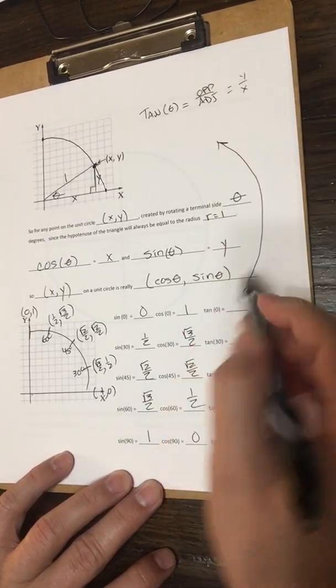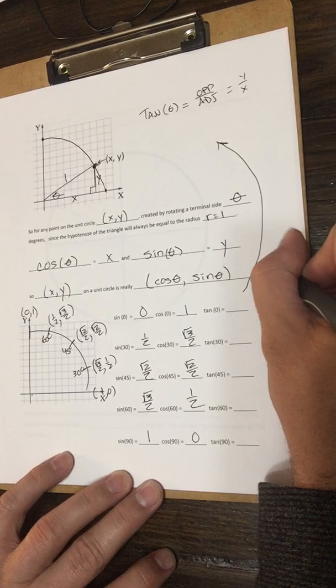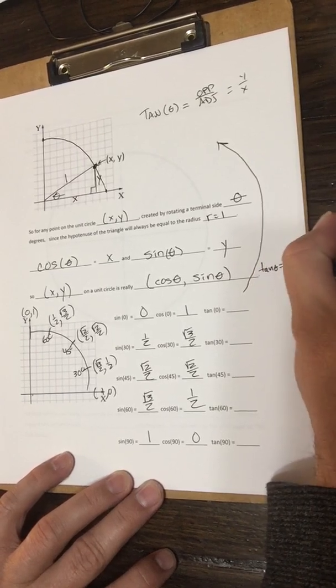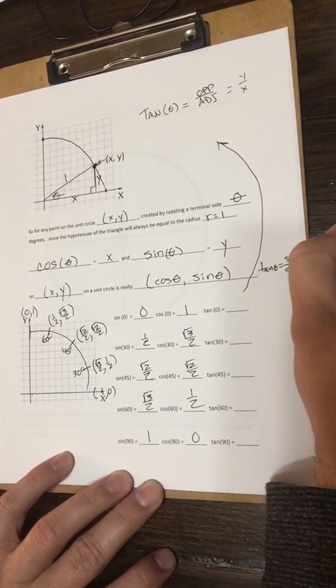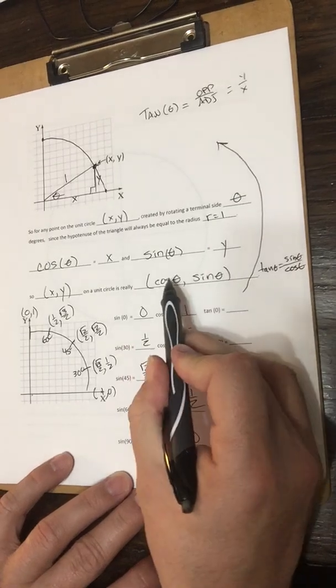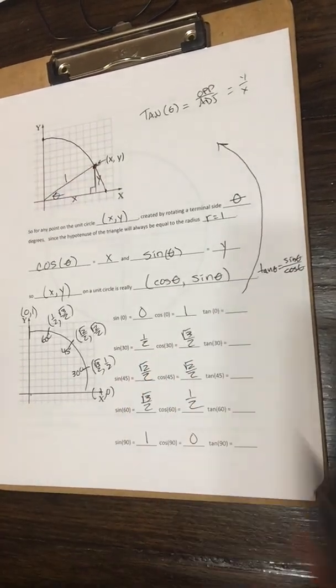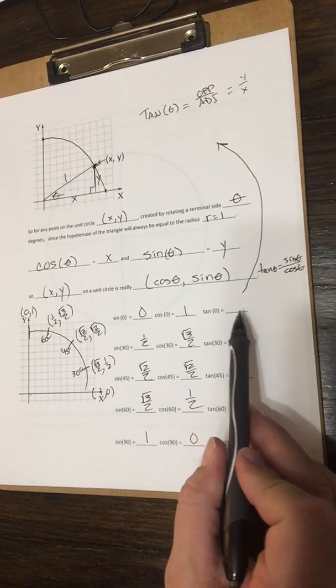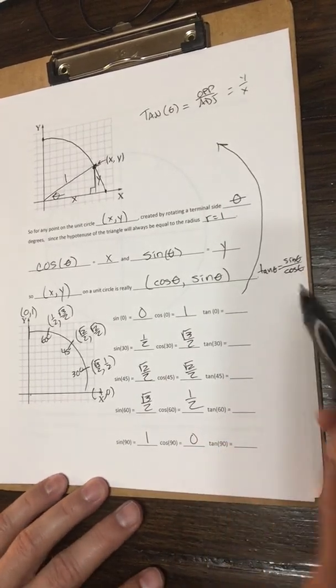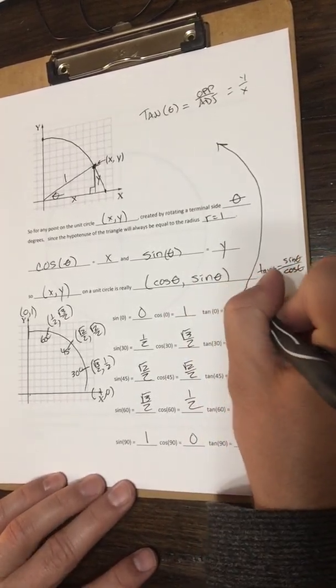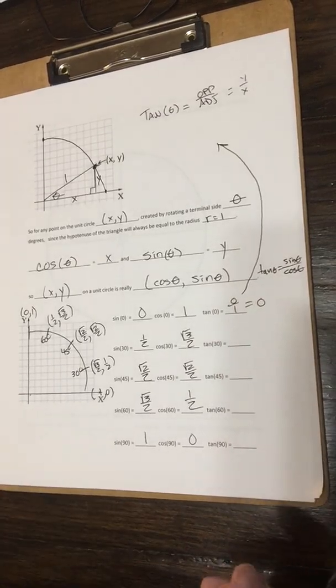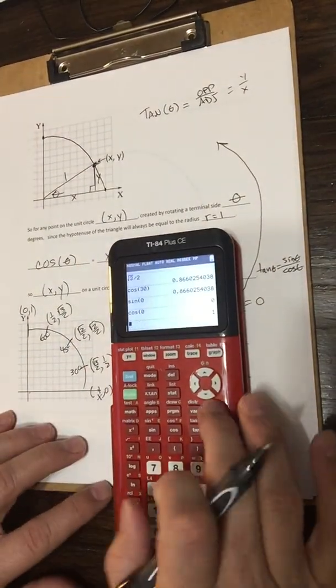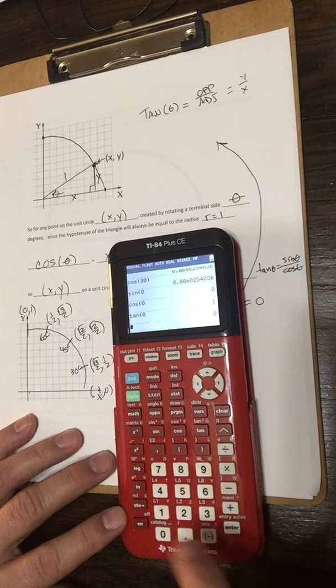And so according to this, tangent of theta is sine over cosine. Y over x. Opposite over adjacent. So if I have sine and cosine, I find tangent by going sine over cosine. 0 over 1 equals 0. Watch. The tangent of 0 is 0.